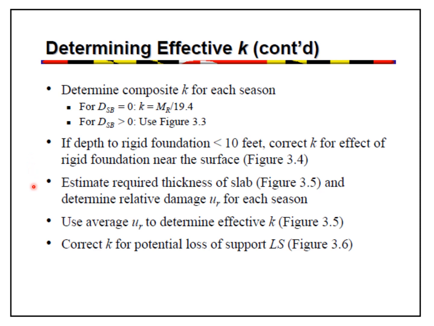Estimate required thickness of slab using figure 3.5 and determine relative damage U sub R for each season. Use average U sub R to determine effective K with the help of figure 3.5 again. Then correct K for potential loss of support LS. Figure 3.6 will be used in this regard.